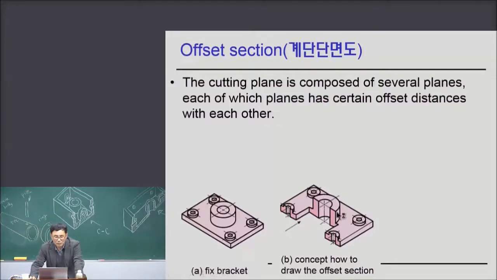This plane and this plane have some offset here. So offset section is also a very nice way of making the sectional view. The cutting plane is composed of several planes, each of which has certain offset distances from each other.